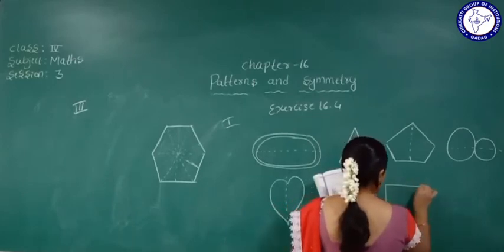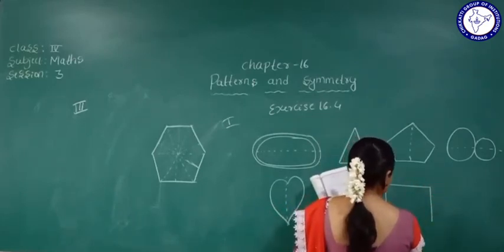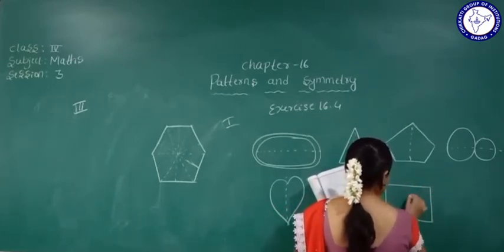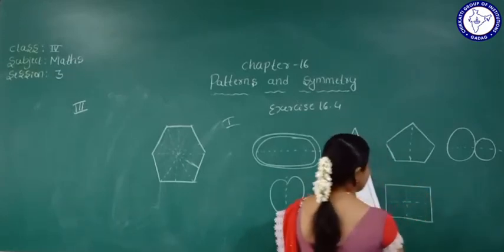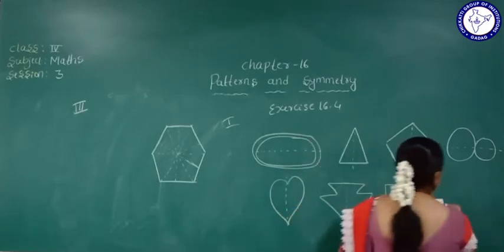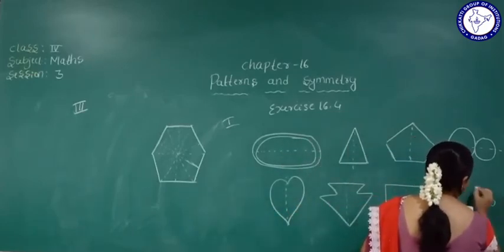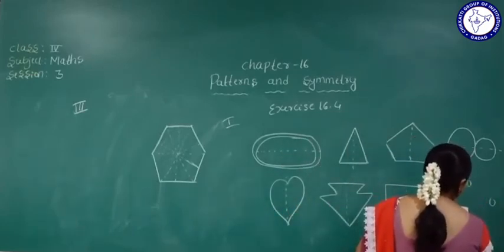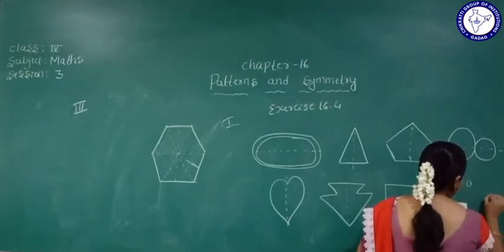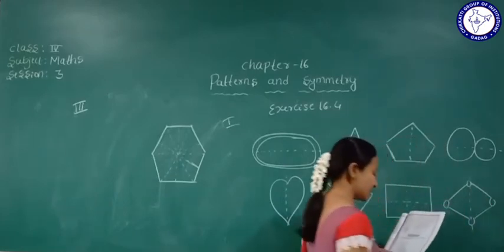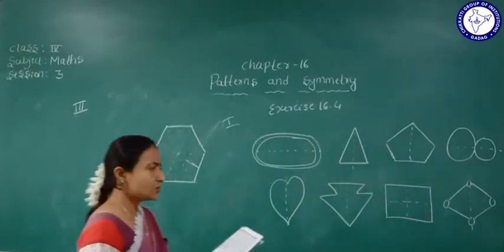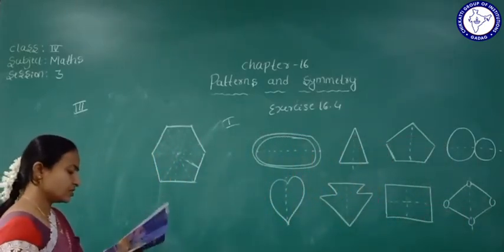And yes, you can see this one, like this we can also make symmetry, and like this also we can make symmetry. And the next figure, like this we can make a symmetry. Understood? So we can see the symmetry in the first question.